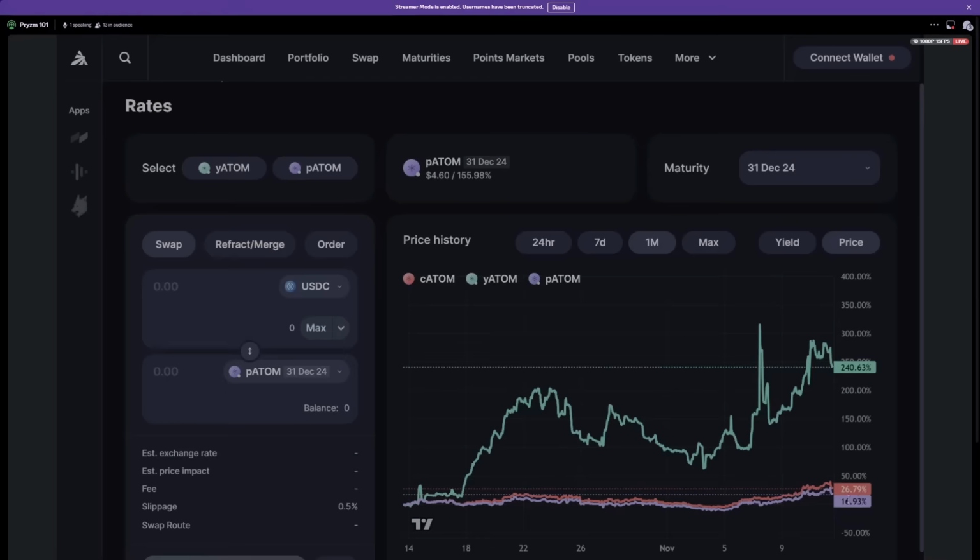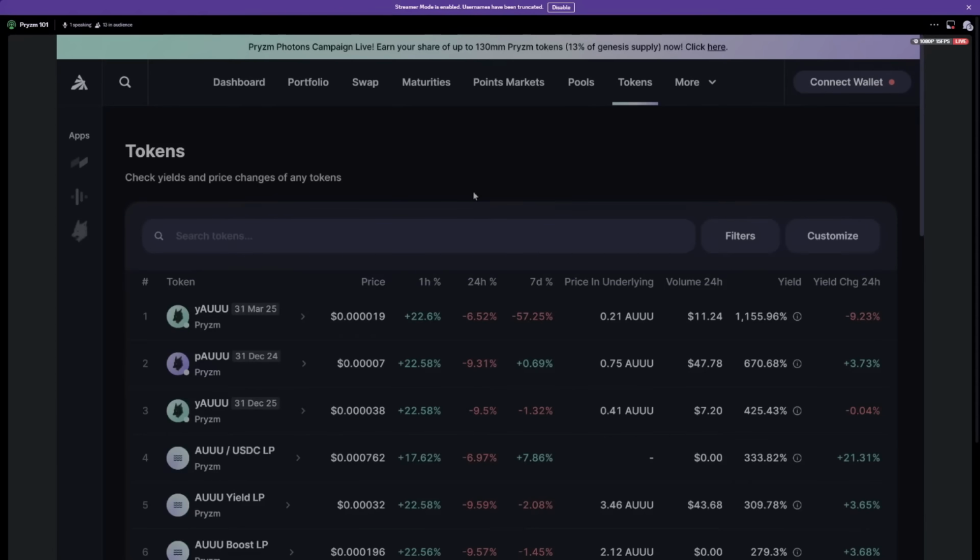So that explains inside the liquidity pool you own P atom and C atom. So as a result of the P atoms underperforming C atom, the liquidity pool token has slightly underperformed just holding atom.